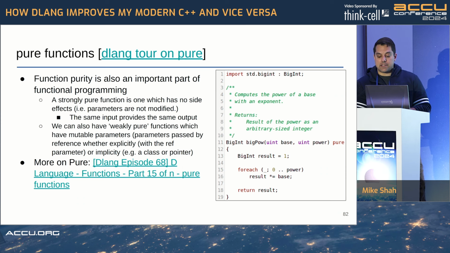Because you could have a side effect. So that's pure. You can also have functions that are weakly pure. So for my functional people, that means the actual arguments you pass in with a pointer can have their state changed, but the function won't change any other global state otherwise. So that's a really nice feature.